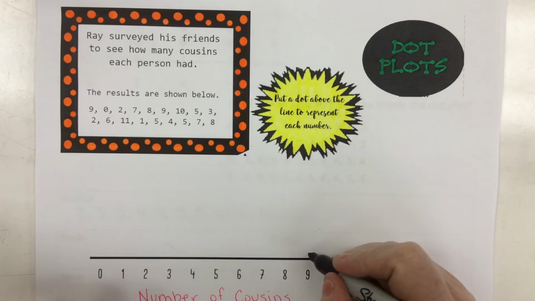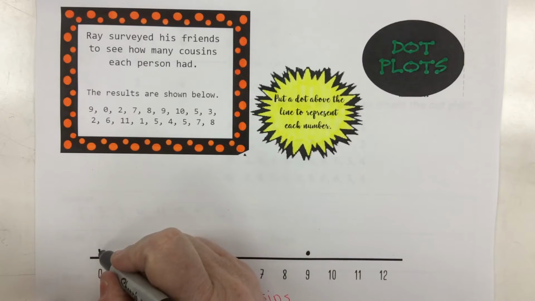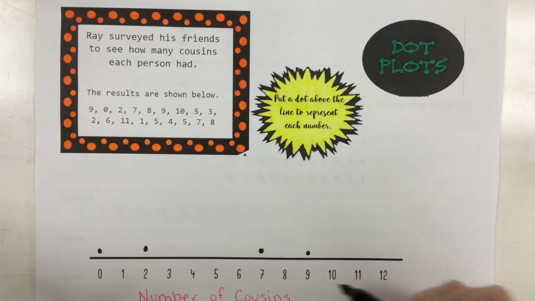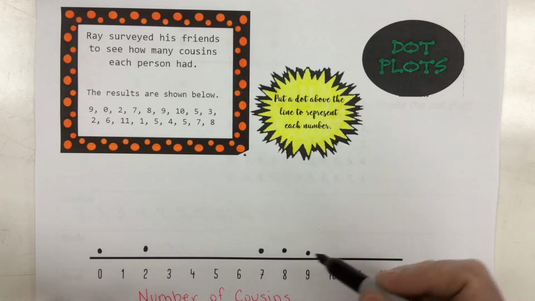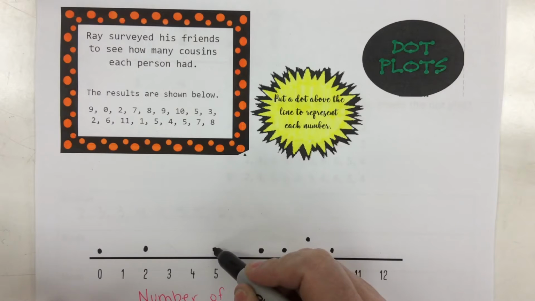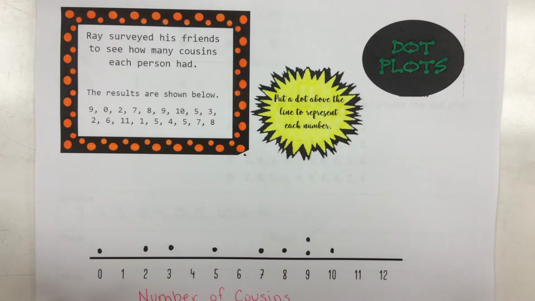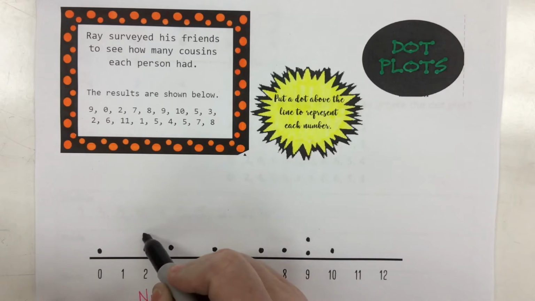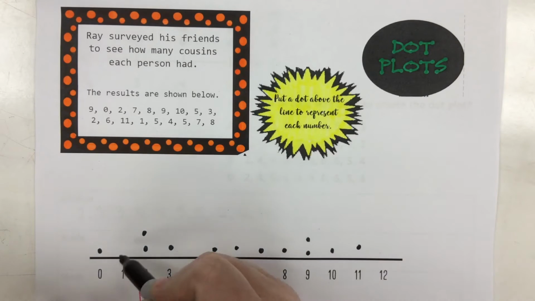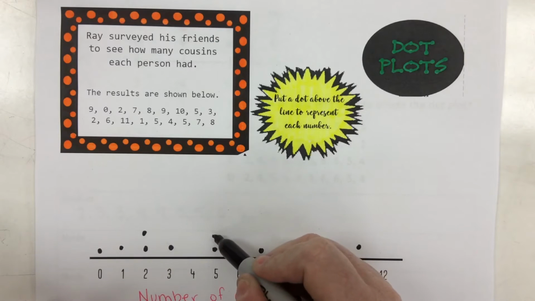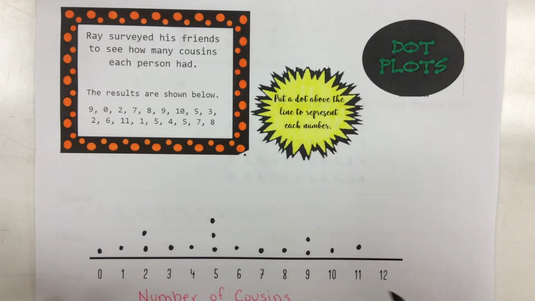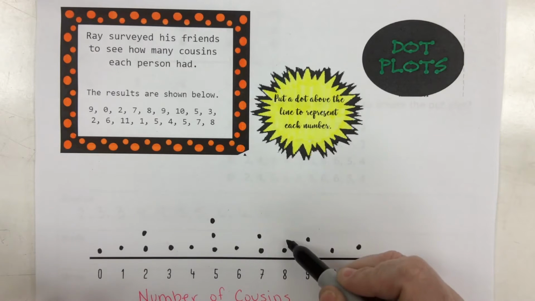So I have a dot at 9, a dot at 0, a 2, a 7, an 8, another 9, a 10, a 5, and a 3. Then we go to a 2, a 6, an 11, a 1, a 5, a 4, another 5, 7, and 8.